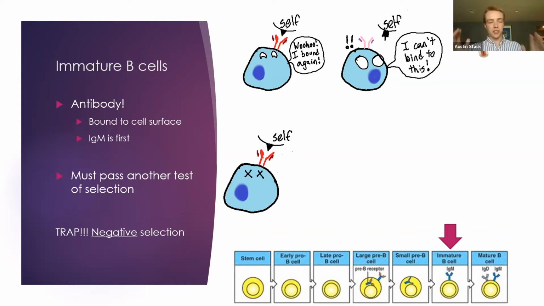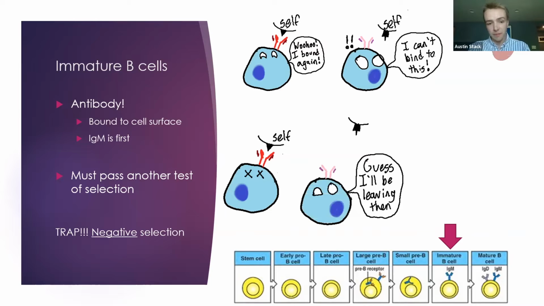If they are seen to bind to any kind of antigen that is supposed to be in our body, they are told to stay in the bone marrow and not leave. And so this B cell that was scared because it didn't bind to the self-antigen actually gets to move on.